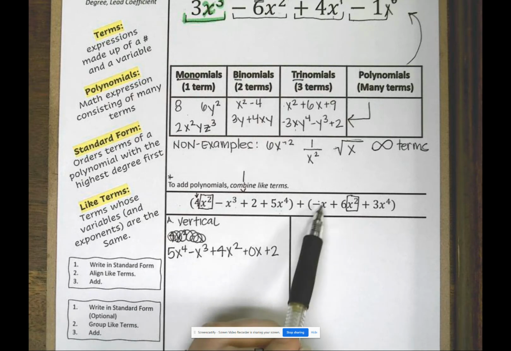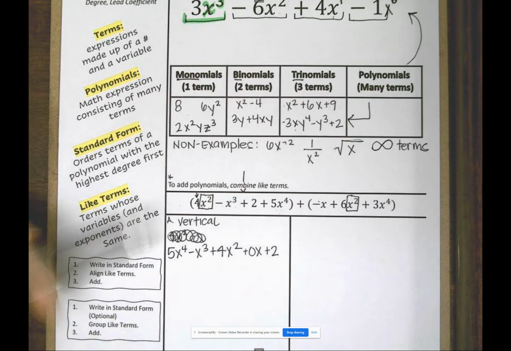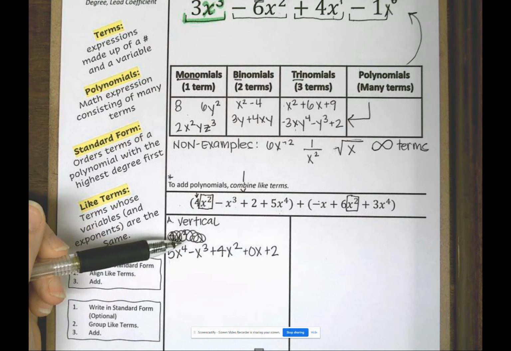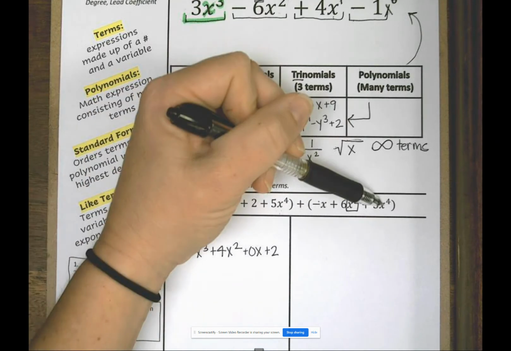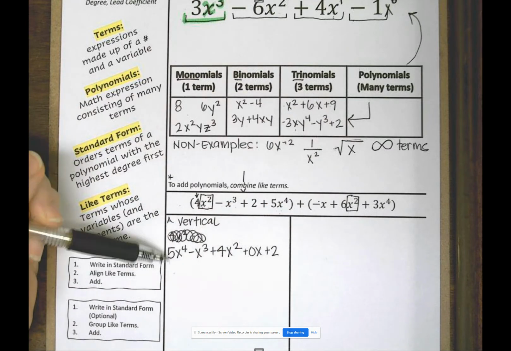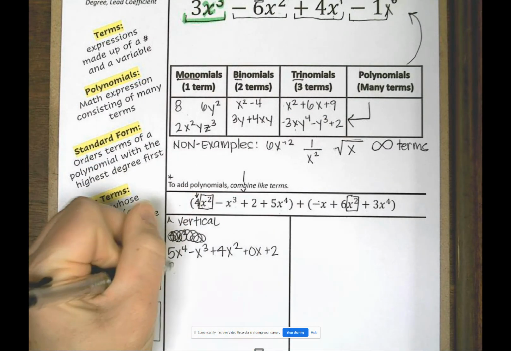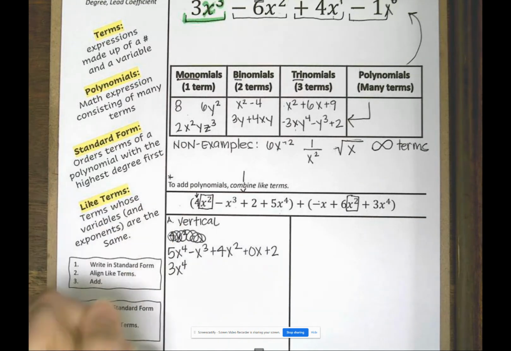And now, since I'm adding the second polynomial, I need to make sure that I'm aligning the like terms. So my other x to the 4th, I'm going to put right under the 5x to the 4th. So in this polynomial, I have 3x to the 4th. That I'm going to place right underneath.